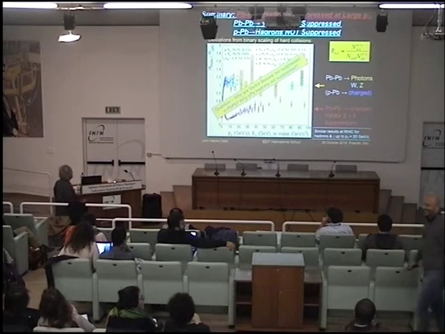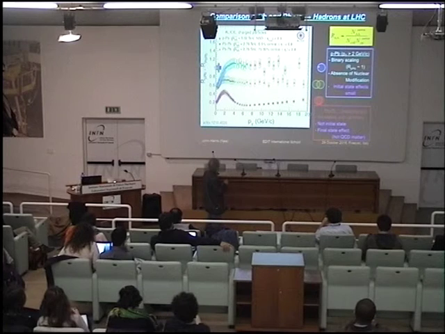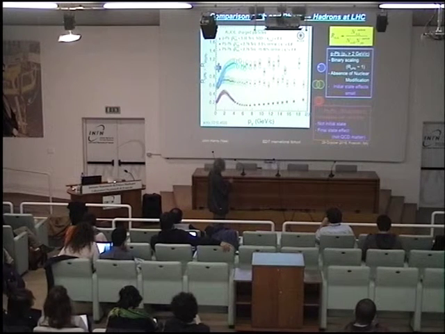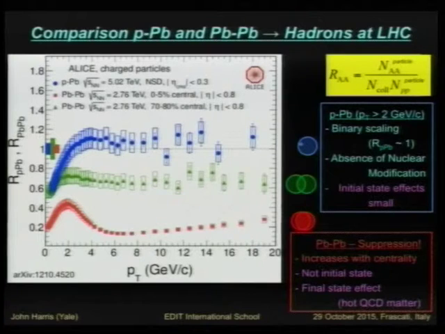Right, so protons on lead, this is the protons on lead you just saw out to 20 GeV, the hadrons, the charged particles. It's basically consistent with 1. Whereas in lead on lead, as you go from what we call peripheral to mid-central, you have a suppression of less than 2, to the most central, where you have this extreme suppression.